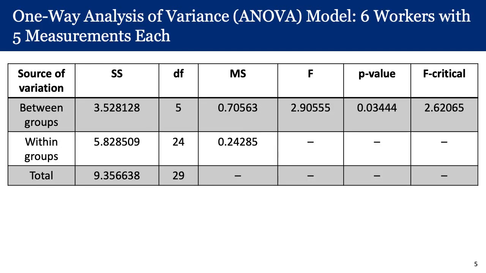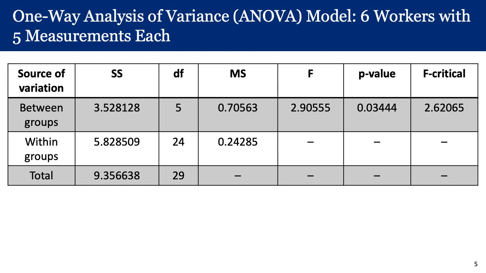Now, if we carry out an analysis of variance or ANOVA of 6 workers with 5 measurements each, you will see in this output from the ANOVA several columns and 2 main rows, between group and within group. The between group and within group are terms that the ANOVA feature in Excel uses, but in our particular example, the group actually refers to a worker in this instance, because we now have 6 workers or 6 groups, and we want to find out what is the variation between group, or in this case, between workers and within workers.